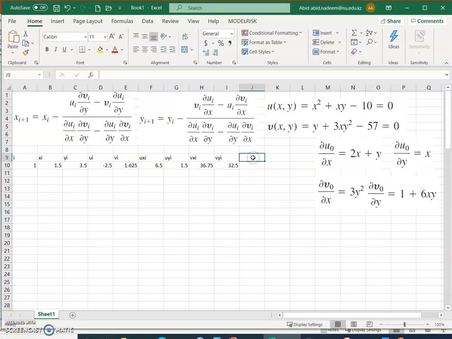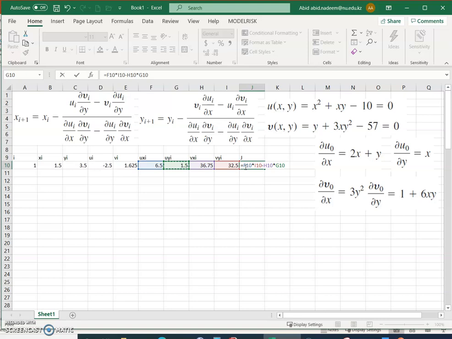Now maybe the next step is to calculate the Jacobian. The Jacobian is this times this minus this times this, so it is ux times vy minus vx times uy.